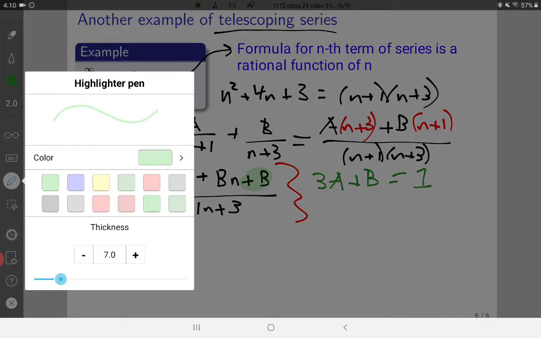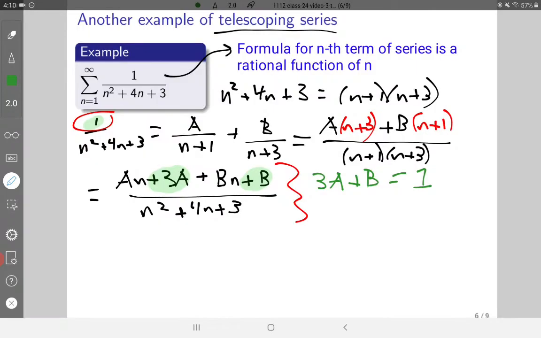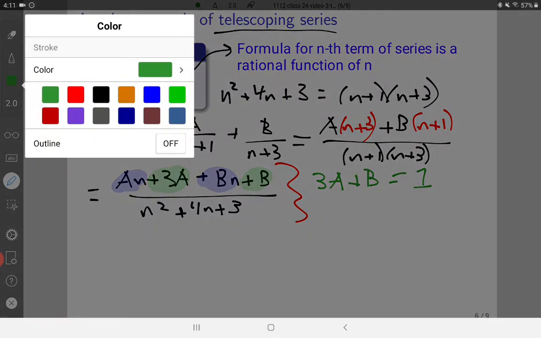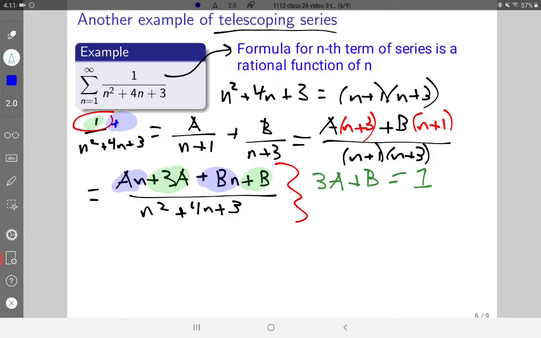And then I also see that there is an an plus a bn, and there's no n's in the original. I can think of this, I know we don't usually write it like this, but like plus 0n. So down here that tells me that an plus bn has to add up to 0 n's, or in other words, a plus b has to add up to 0.